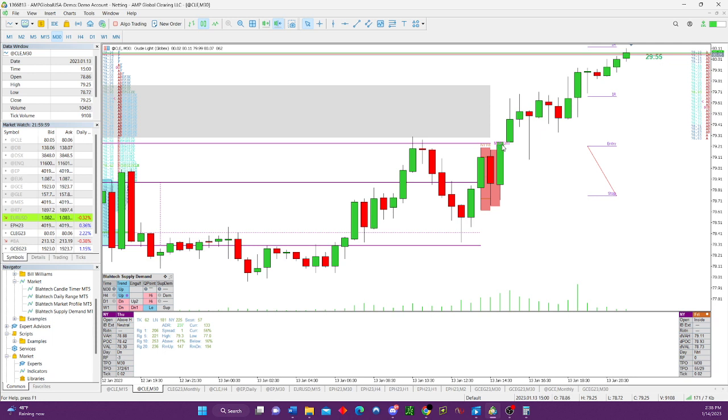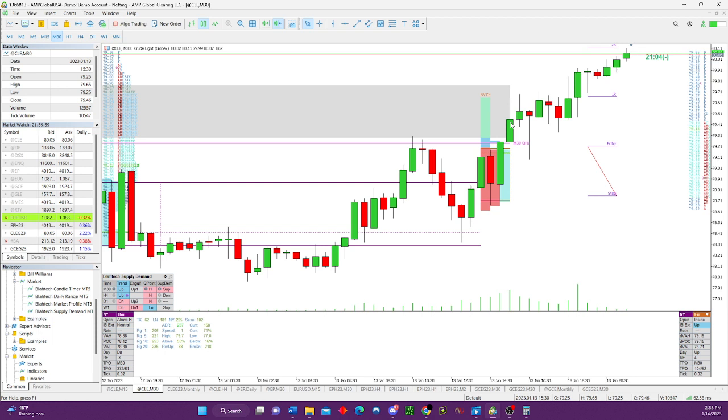The 30-minute candle closed above the initial balance, so that is a sustained auction. The next candle, the D period, right here on the right-hand side, closed even higher. So this is for sure a sustained auction.